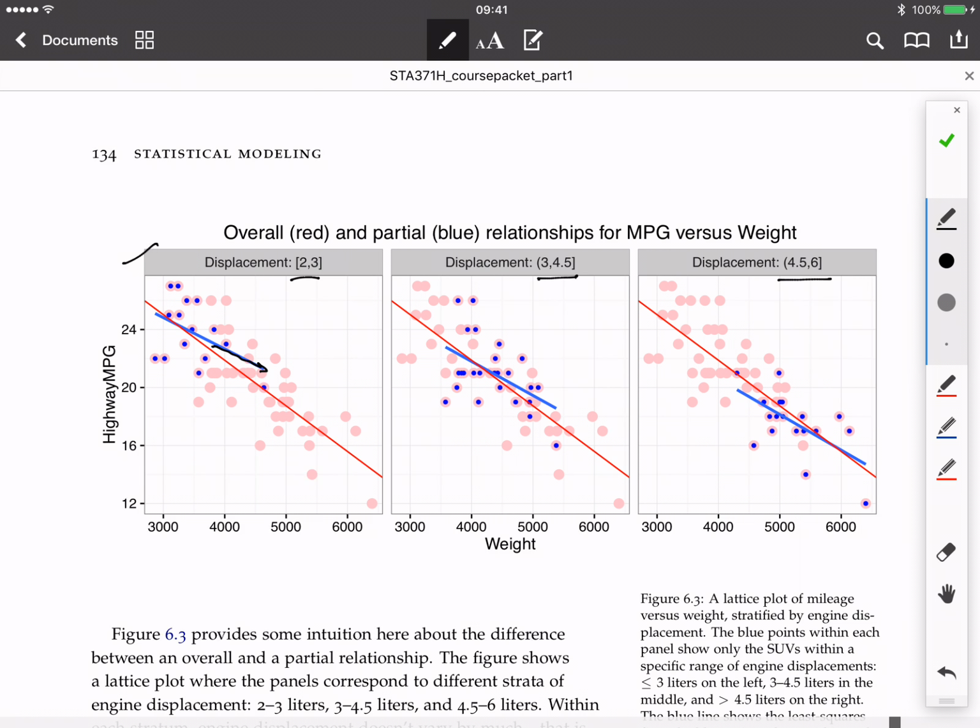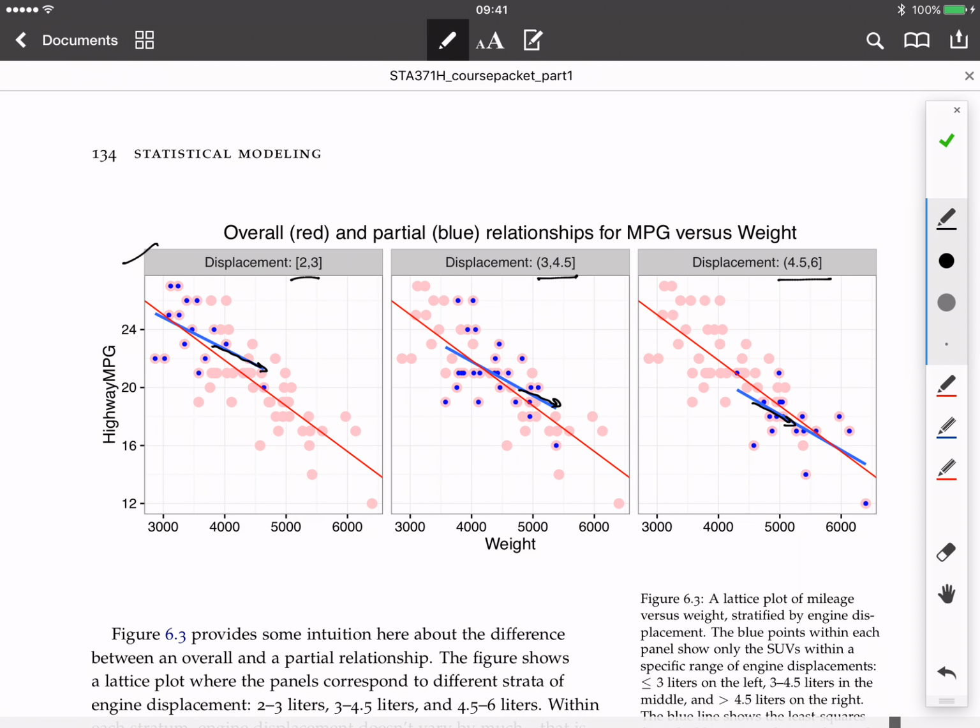Now we look at engine displacements between 3 and 4.5, and there's the slope. That's the blue line. Now we look at engine displacement between 4.5 and 6, and that's the slope, the blue line right there. And you should compare that to the red line, which is the same red dots and the same red line within each of these panels. That's the overall relationship between mileage and weight.